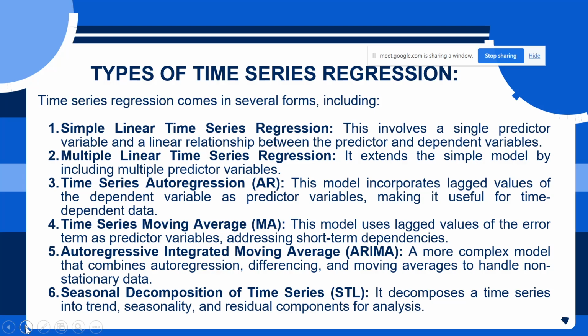The number of lag values included in the model is called the order of the model. For example, an autoregressive one model includes one lag value of the dependent variable, and an autoregressive two model includes two lag values of the dependent variable.